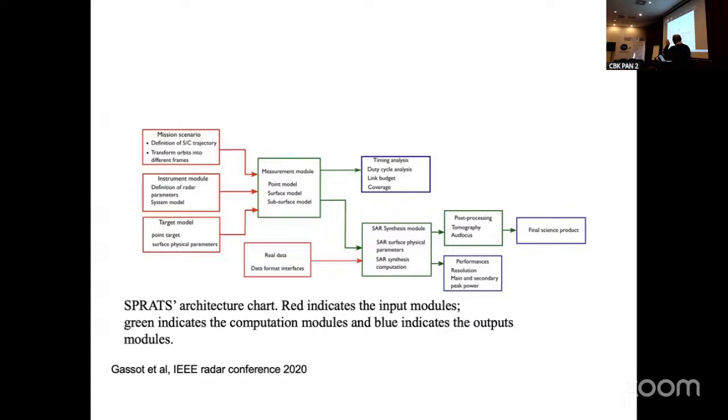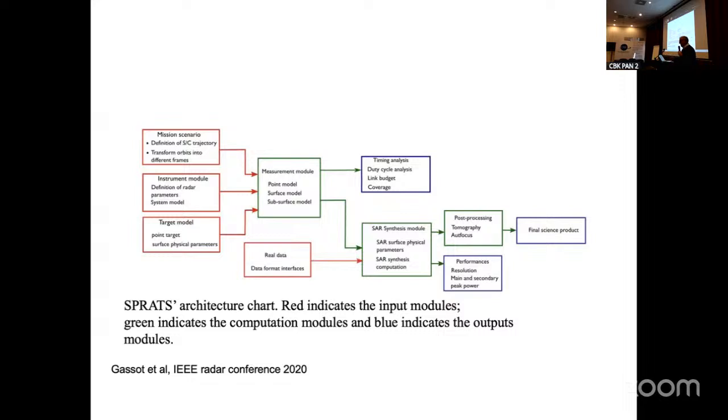In red, we have the input, which means the emission scenarios, which means orbit, trajectory. We use this in different frames, in the frame of the object observed, and to see how we eliminate the surface.